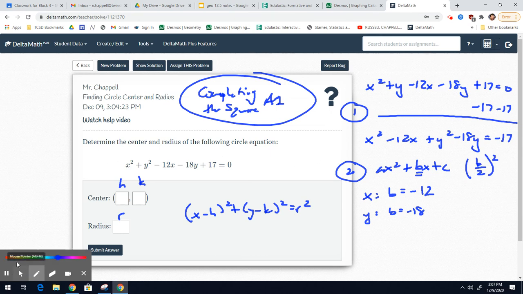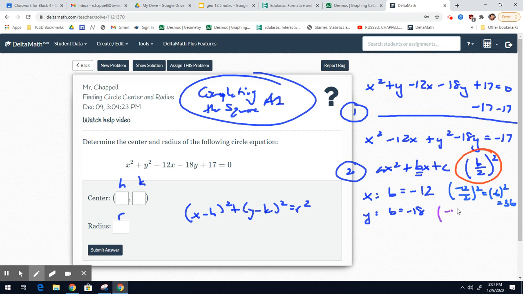This is the money shot for completing the square. (b over 2) squared. So for my x's, it's (negative 12 over 2) squared, which is negative 6 squared, which is 36. That's my x's. And for my y's, and I'll do it here in purple, it's (negative 18 over 2) squared, which is negative 9 squared, which is 81.